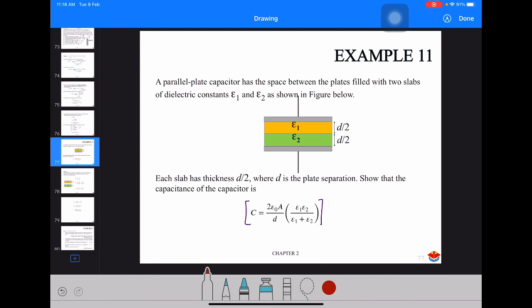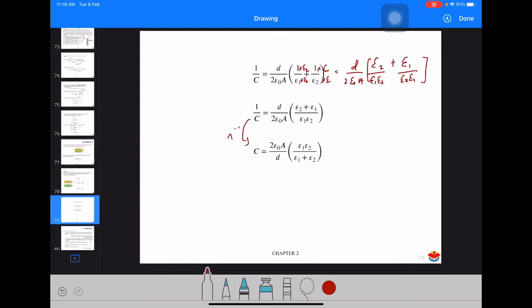So here you can show that this is what happened. When you have two dielectric materials sitting on top of each other, you can treat that as a series. So if you want to solve, you can use 1 over C equals 1 over C1 plus 1 over C2.